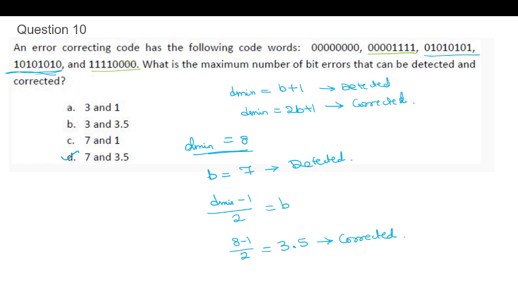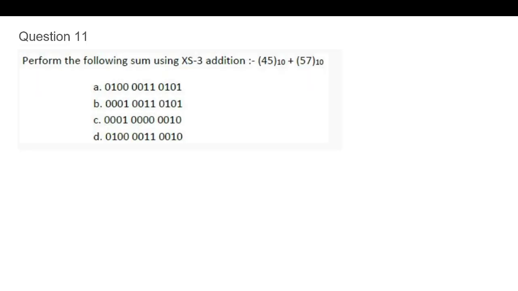Is this question clear? Any doubts? So the correct answer is option D. Then next question.